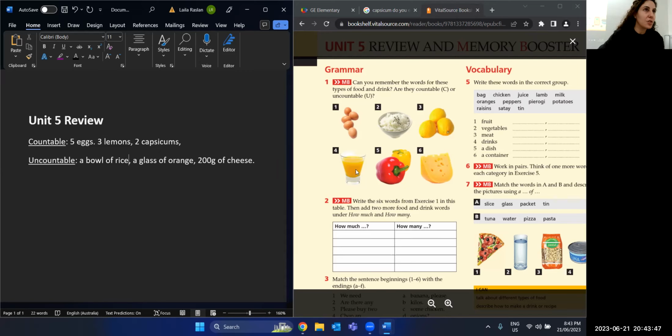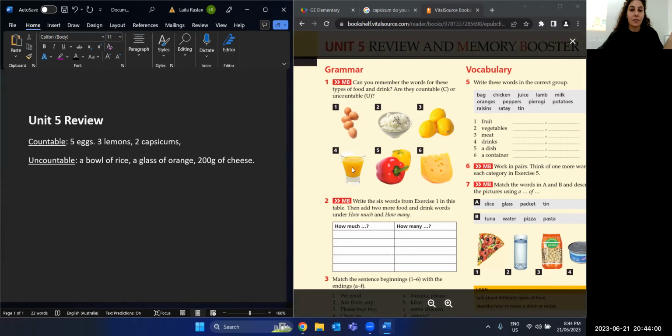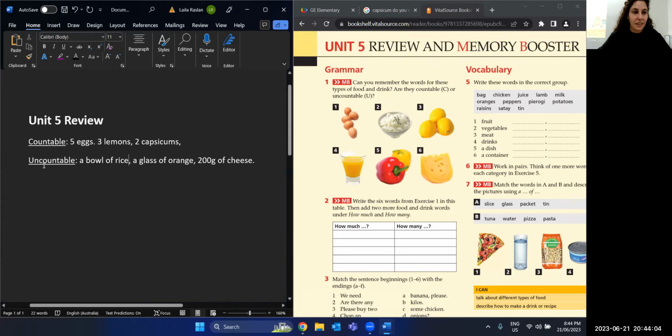Exactly. I would like 5 juices of orange. No, you'd say we would like 2 bottles of juice. Remember? Or glasses or bottles. So it's uncountable. But the fruit itself is countable. 5 oranges. Good.